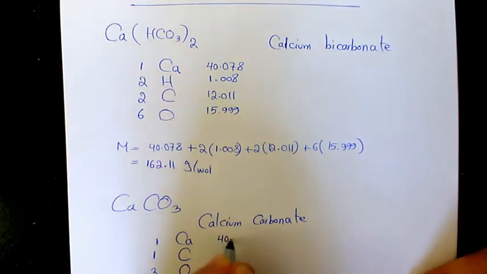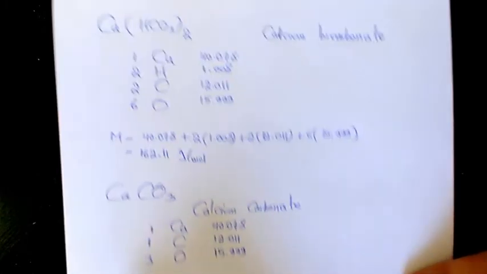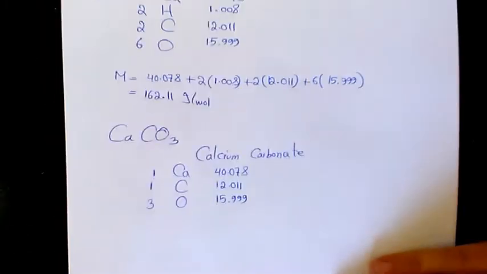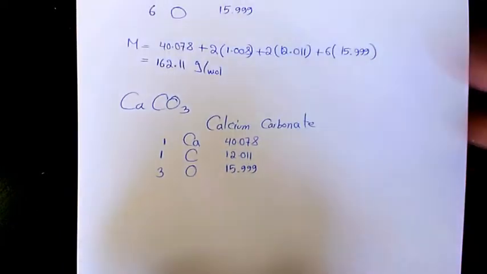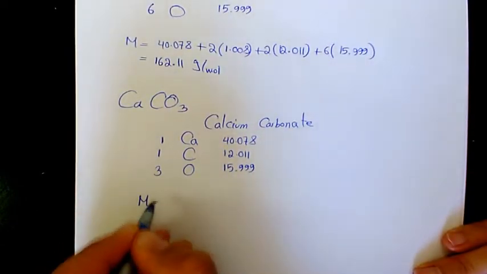Calcium is 40.078, carbon is 12.011, oxygen is 15.999. So therefore I can write here the atomic mass of each of them and then find out the molar mass.